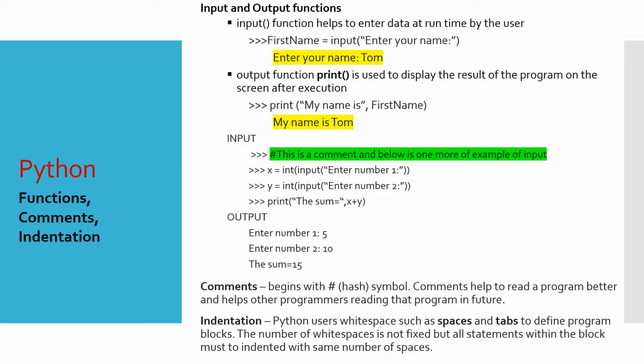Comments are important. The hash symbol is used in this program, and I've seen a similar symbol used in other programming languages too. Comments help to read a program better, especially for another programmer opening this program in the future. They can see, oh okay, this is what this programmer did in the past.